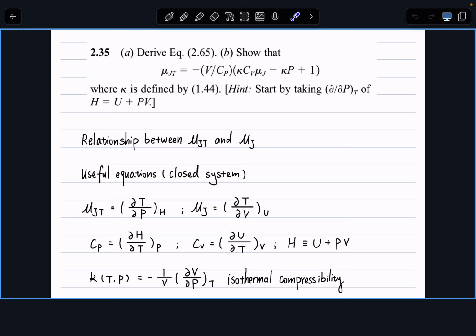In this case, both of these partial differentials are at constant temperature, so we can cancel my volume and that volume out, and we get my dU over dP at constant T. And what are we looking for? We're looking for this entire expression to be equal to my dU over dP at constant T. And thus we solve the problem.